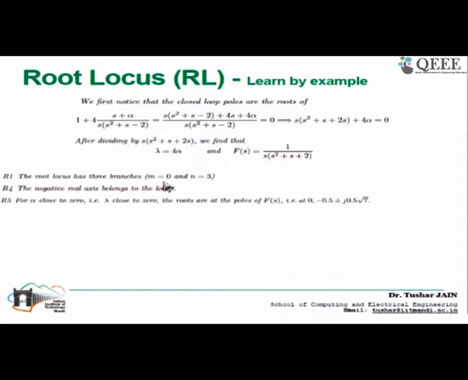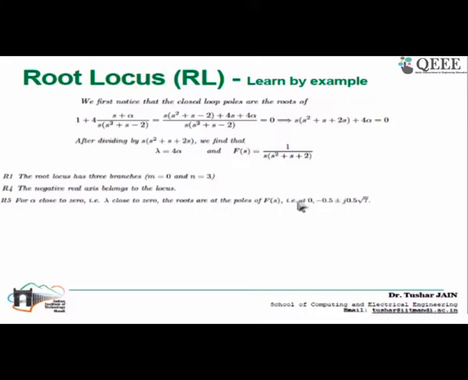Okay. Rule 5 says when lambda is close to 0, then n of the roots are located at the poles of f of s, that is at p1 up to pn, and if n is greater than m, which is not the condition here, so we leave out the statement about alpha close to 0, which amounts to saying that lambda will be close to 0.